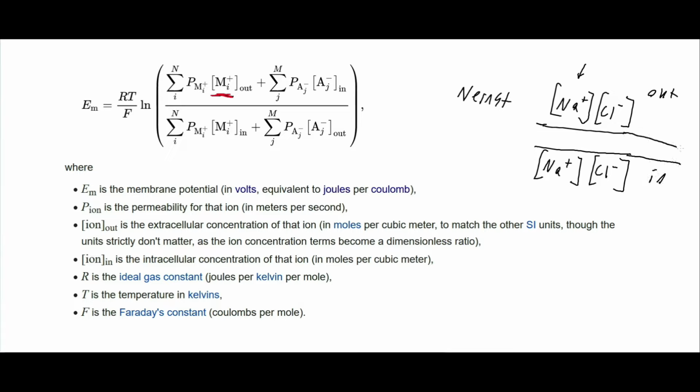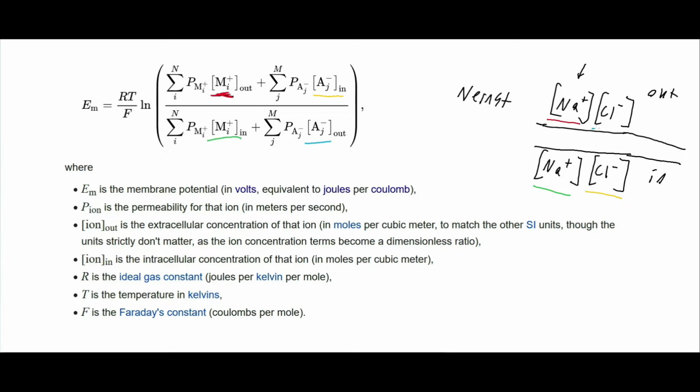Inside and outside our membrane here. And so we have this red here for the positive ions outside, so that's right here. And then I'll use orange here for the negative ions on the inside, and then I'll use green for the positive ions on the inside, and then blue here for the negative ions on the outside.